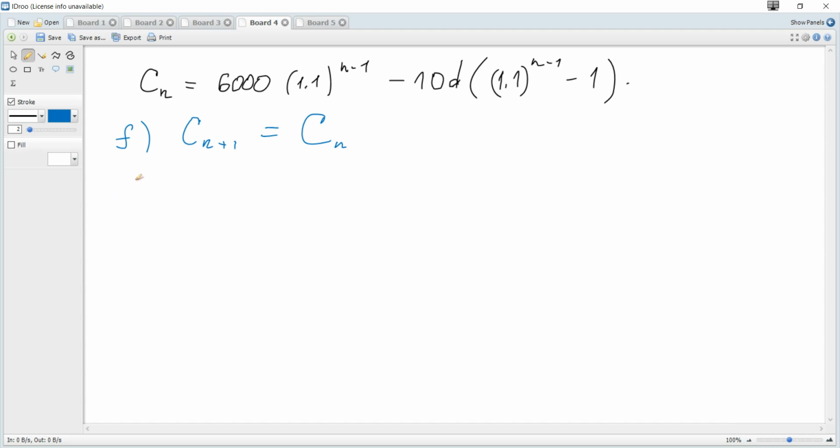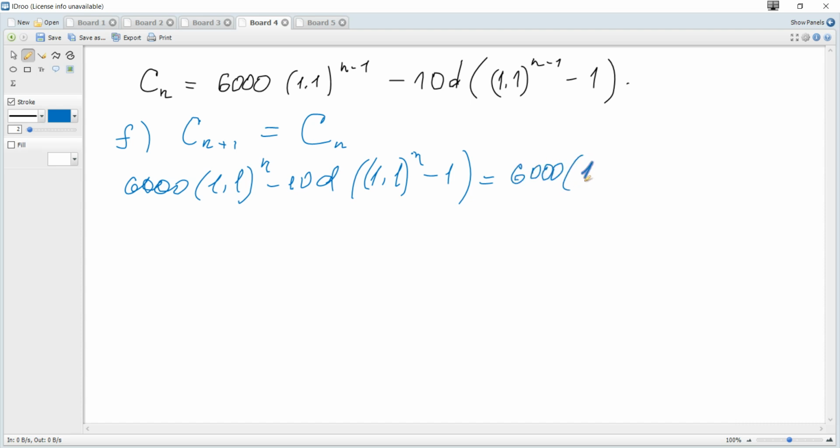So it becomes 1.1^(n) minus 10d 1.1^(n) minus 1, and it is equal to just this.